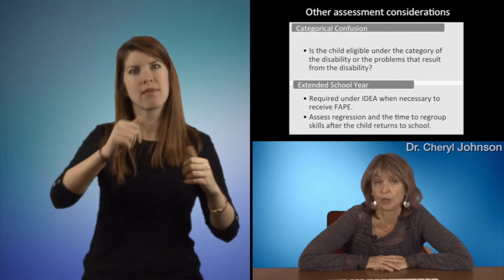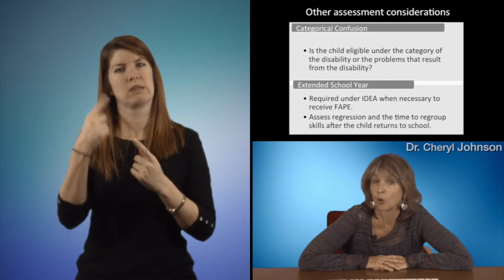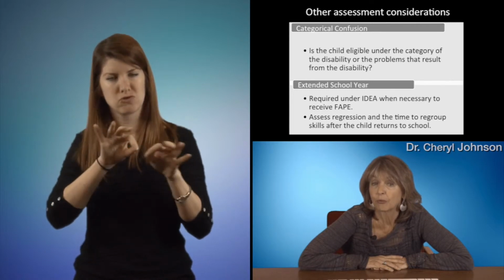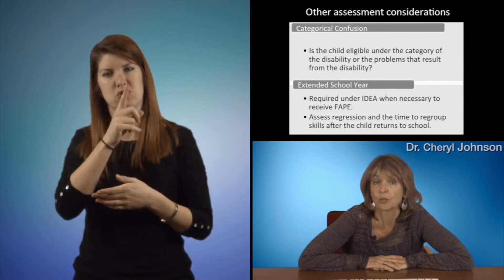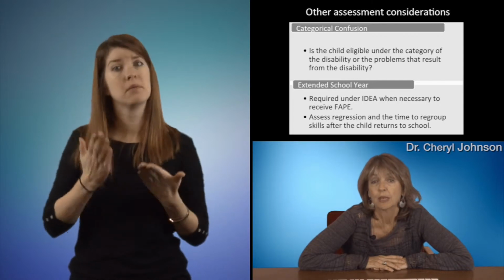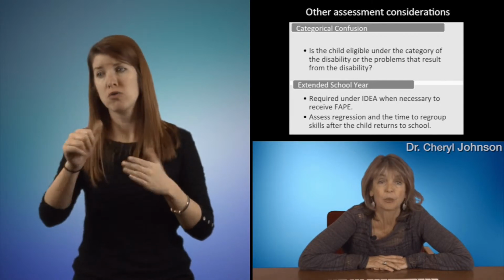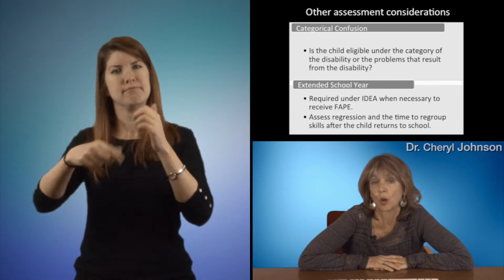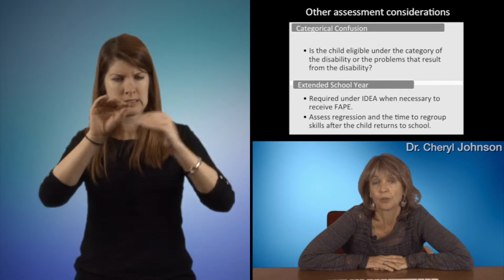So I believe it's very important that we consider the categorical definition carefully so that we're qualifying these kids according to their primary disability. Now, it may be that there are kids who have additional behavior problems or learning disabilities, and then it's sometimes difficult to sort out which one came first, and then there's a discussion with the IEP team.